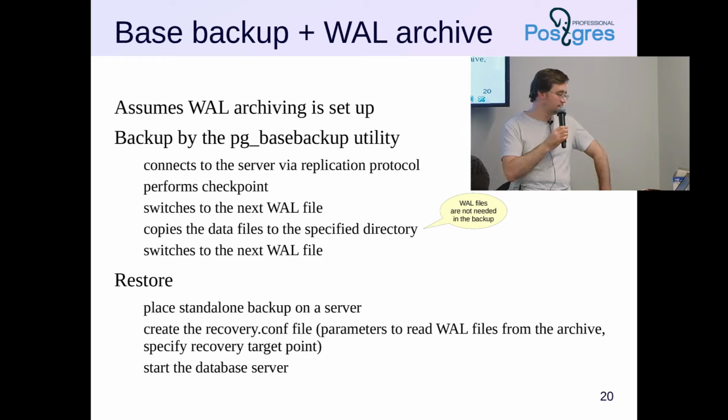In this file, you specify where the server can get WAL files from the archive, and you specify your target point in time. And then you start your server. It sees that you created the recovery.conf file, and it uses it to get all necessary WAL records from the archive and restore up to the specified target point.